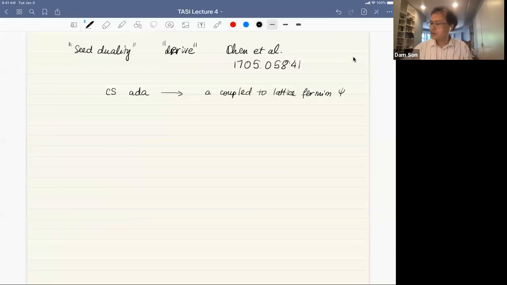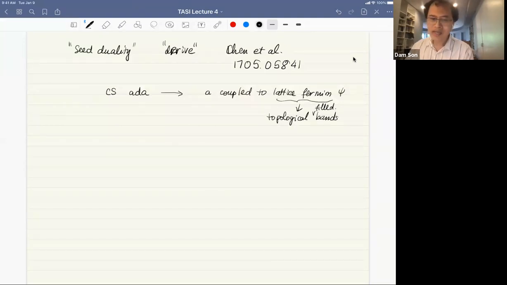Psi, and this lattice fermion has some topological band. That is a filled band, which when we integrate over this filled band, we get an effective ADA term in the action for the gauge field coupled to it.